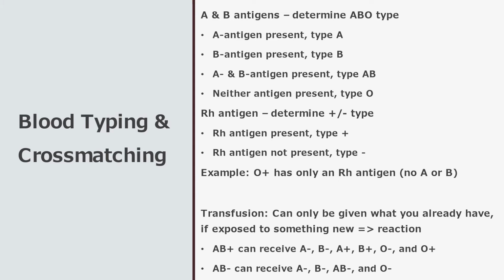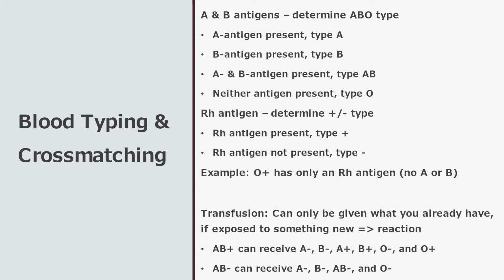So if a person is AB positive, then they can receive A negative, B negative, A positive, B positive, O negative, and O positive, right? Because the A negative means that they don't have the RH, but that is being transfused to them. It doesn't matter if you don't get something that you already have, but you can't get something that you don't have.